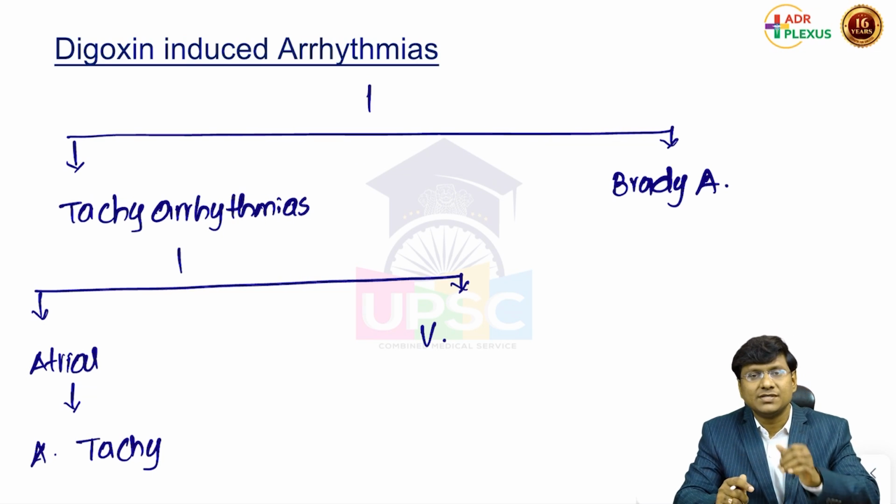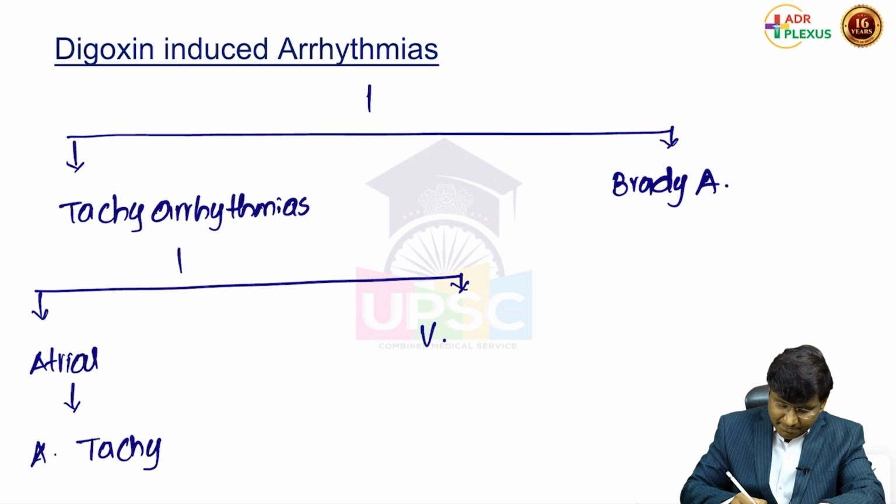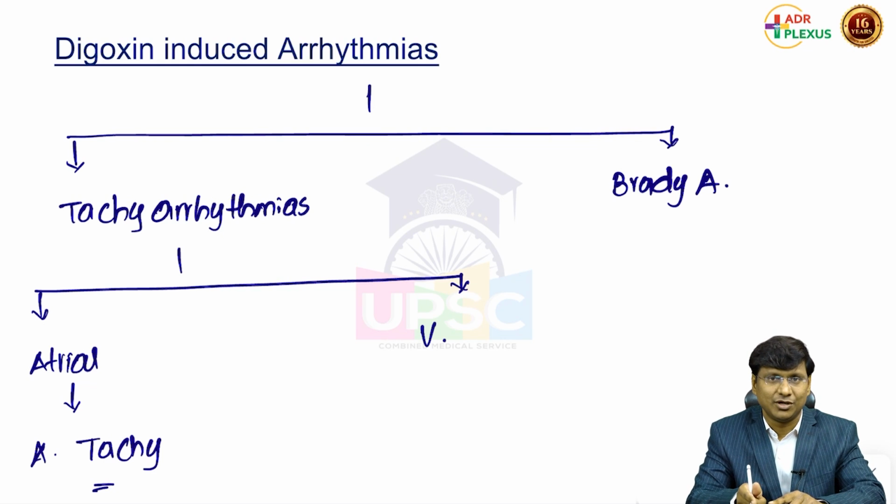Why? Because digoxin has AV nodal blocking activity. In atrial fibrillation and atrial flutter, we give digoxin as a treatment for reducing the ventricular rate. Because of this AV blocking activity, there can be atrial tachycardia with variable AV block.